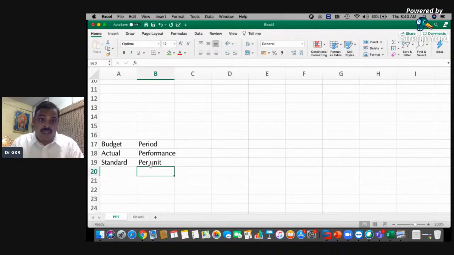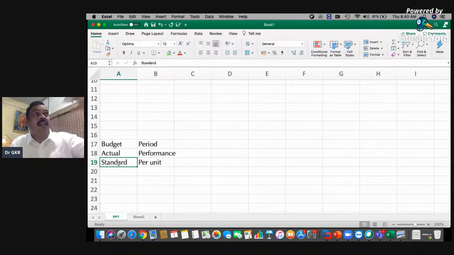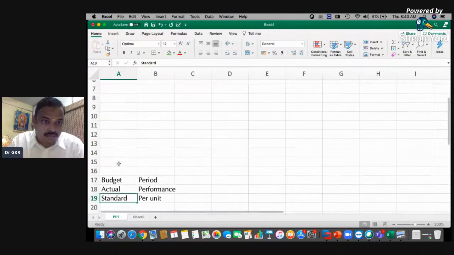The unit can be the commodity you manufacture, an hour, a day, anything. Per day cost, per unit cost, per hour cost, anything on a per unit basis is standard, because that is what is comparable.